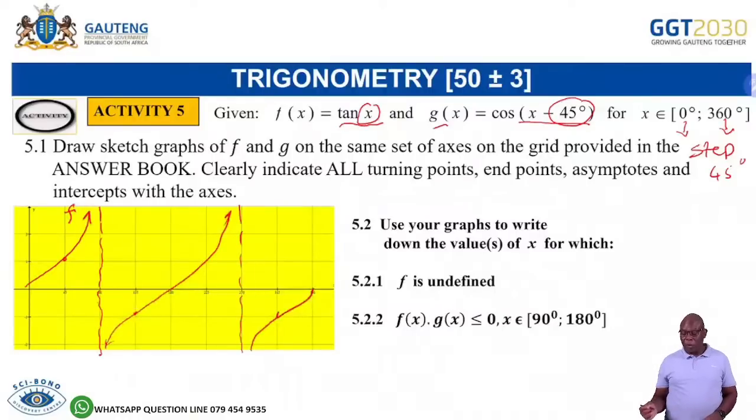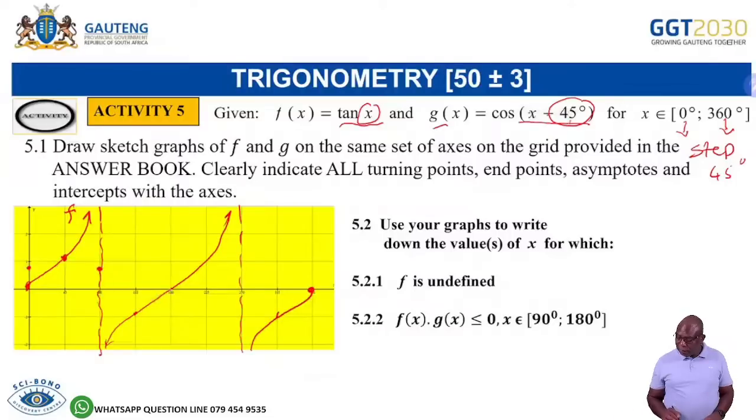Right, then I must draw the second graph with 45. So put it on a calculator. I can put these points in here, right? So remember here, there's no arrow. I can start with 0, cos 0 minus 45. Then from there it will be 0.707, right? Then cos 45 minus 45 will be 1. Then the other one will be there. Then from there we'll have this point at 135.